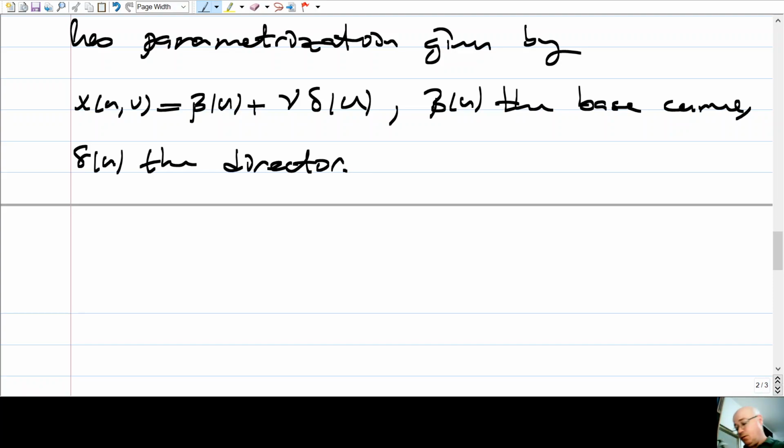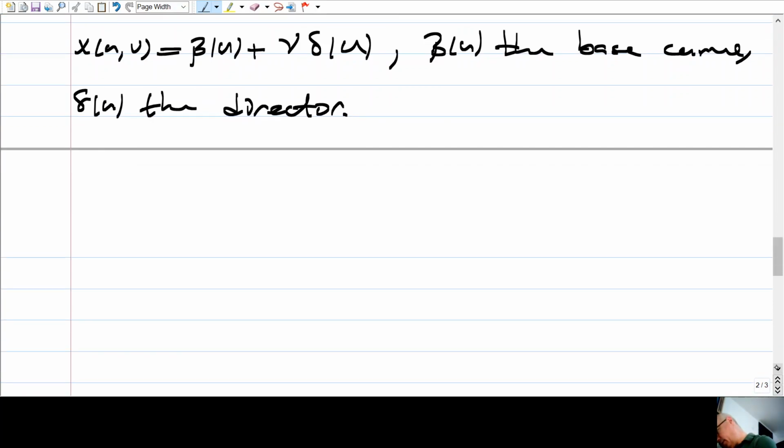So here what we mean is this. I have this beta curve, some curve beta, and let's say this point is beta(u). At this point, I have a vector, the director vector. Let's say this is gamma(u).